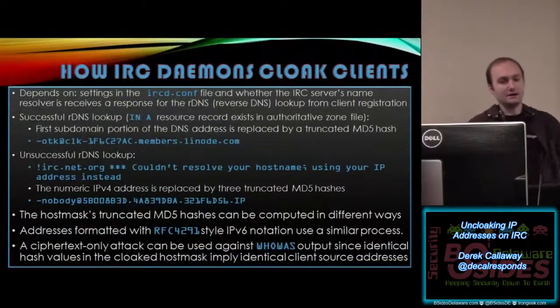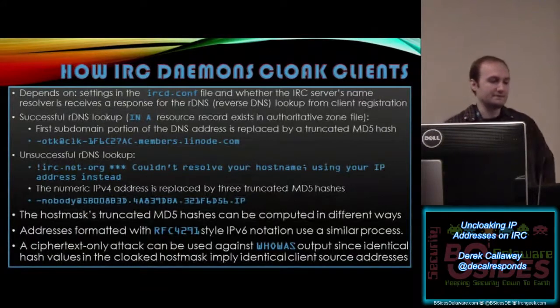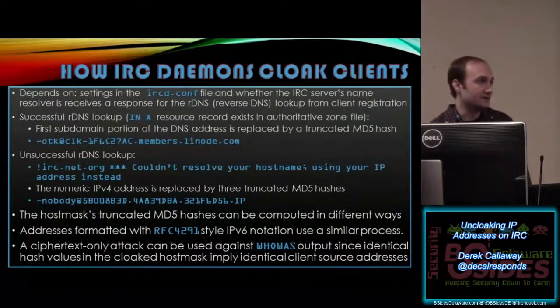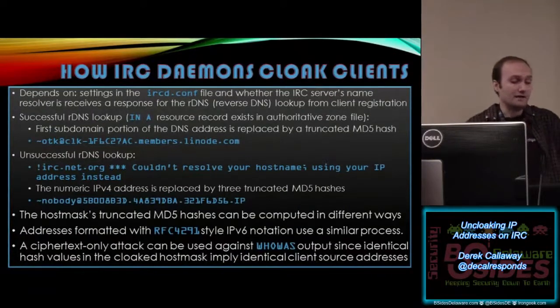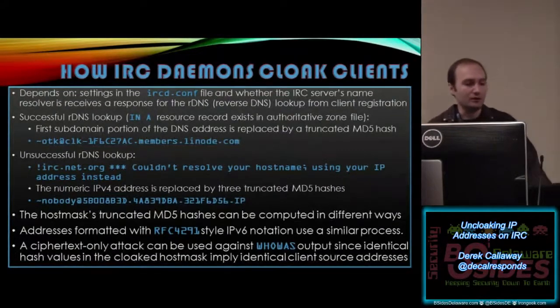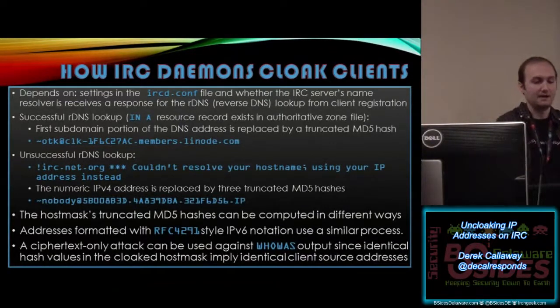So how do IRC daemons cloak clients? Basically what happens is there's a setting in the IRCd configuration file that allows you to load a module, which is basically a cloak module, and it'll take a truncated MD5 hash and place that in the first octet of the DNS address.